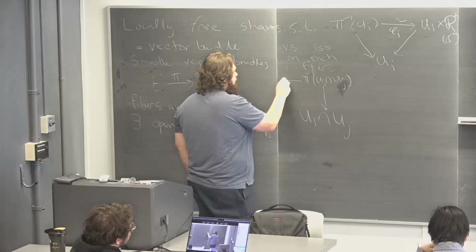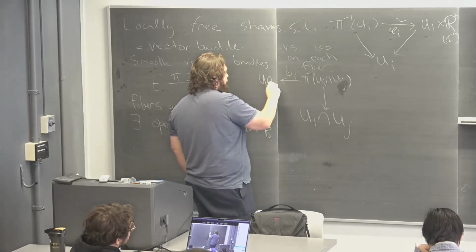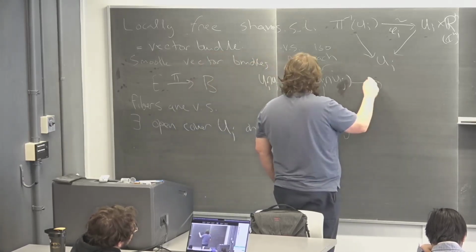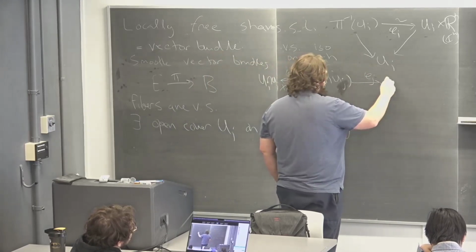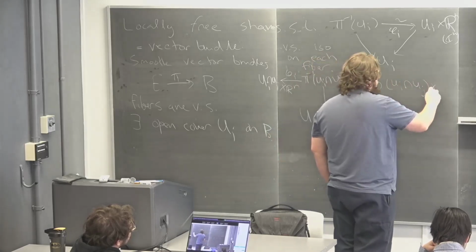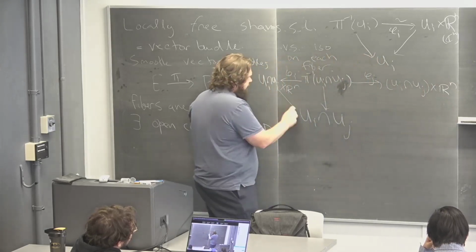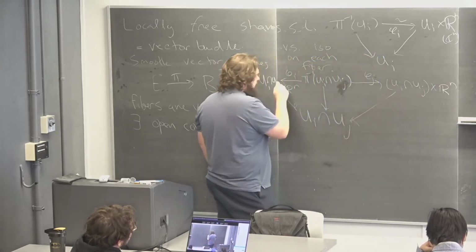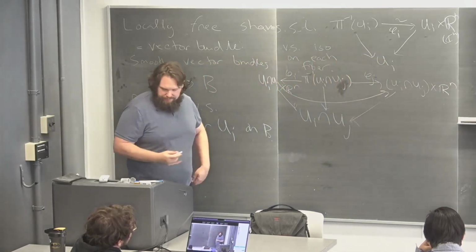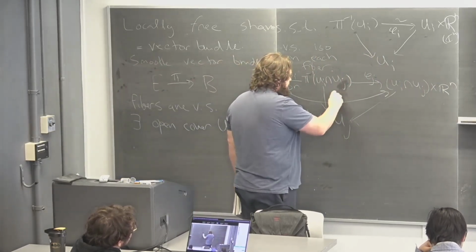I have phi_i mapping to U_i intersect U_j times R^n, and I have phi_j also mapping to U_i intersect U_j times R^n. These are all with the projection, and I can compose these. Vakil calls this T_ij.